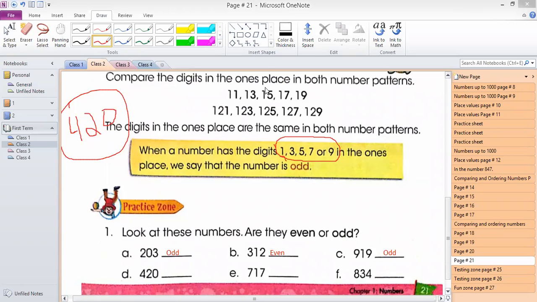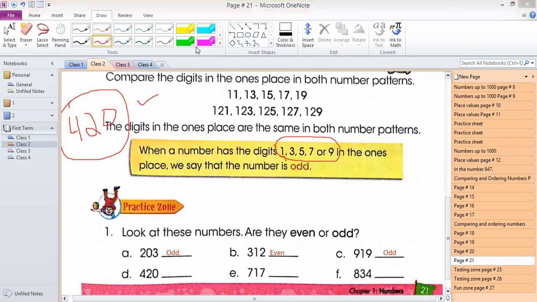Let's take one student, guys. Amjad Abdullah. Yes, sir. 420. Even number or odd number? Even.